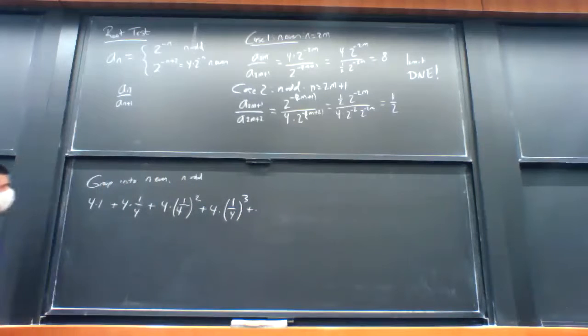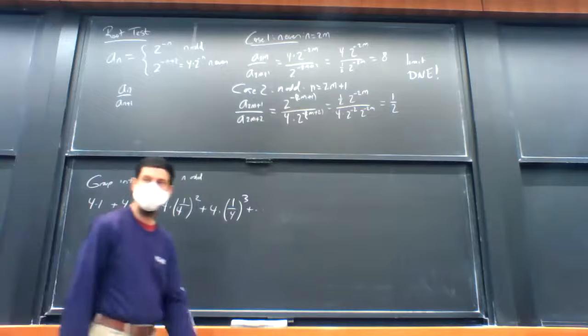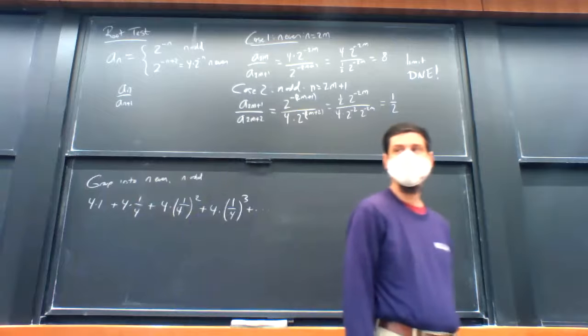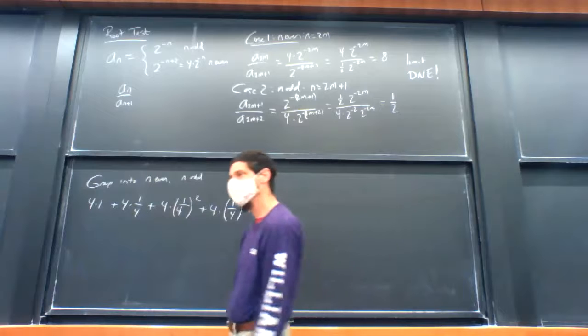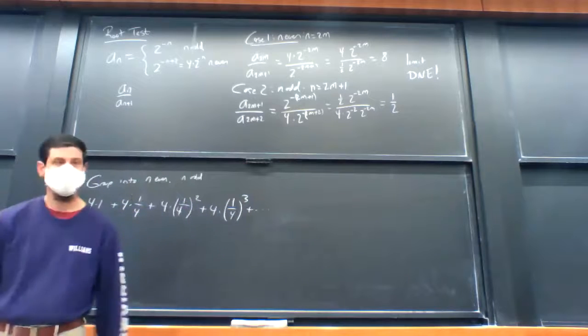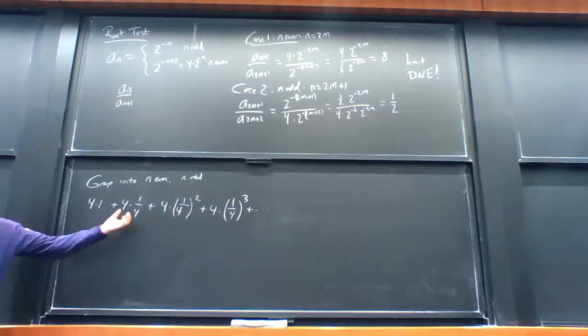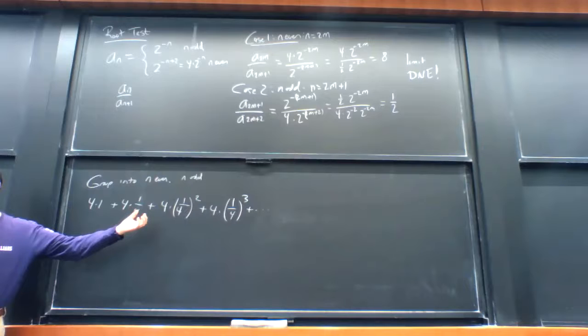So if I write all the evens like that, is this sum going to converge? Will that sum converge? What do you think? If I just add the evens, is this going to converge?